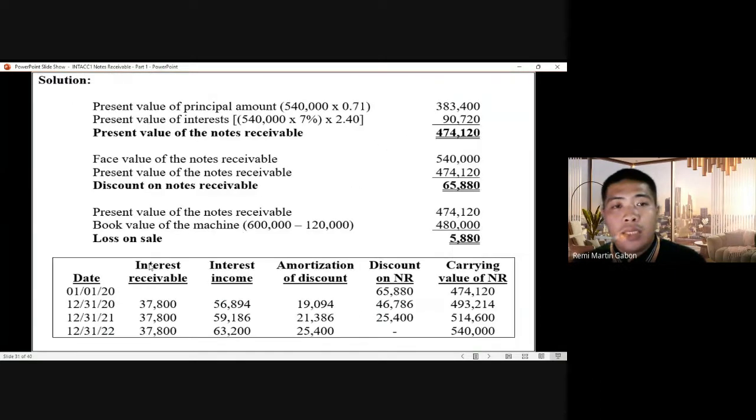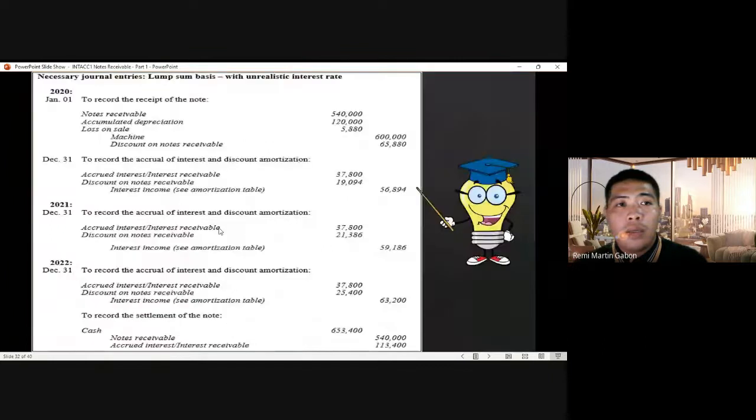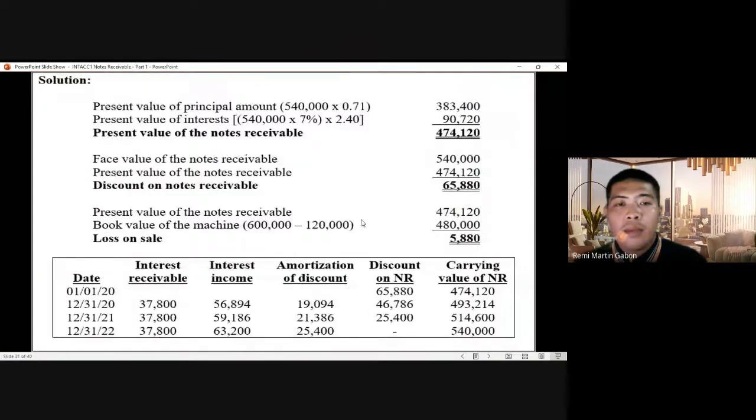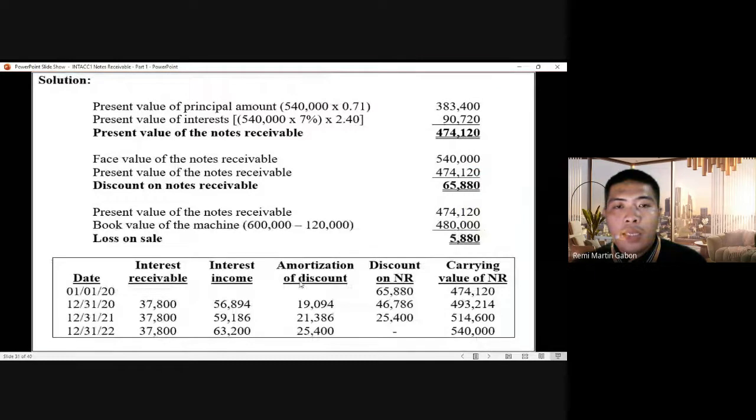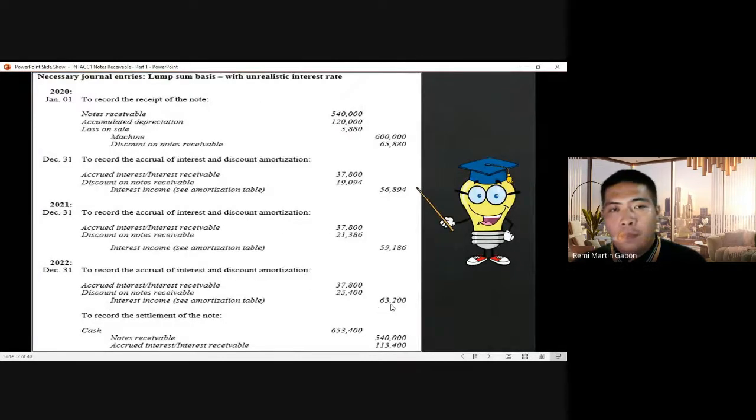Then our credit to interest income is based on the amortization schedule: 56,894 in 2020, 59,186 in 2021, and 63,200 in 2022.